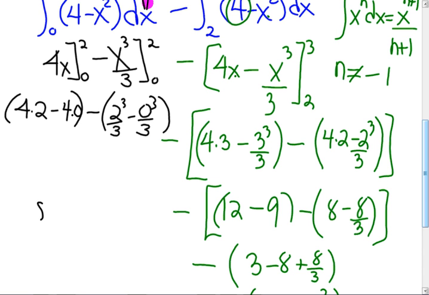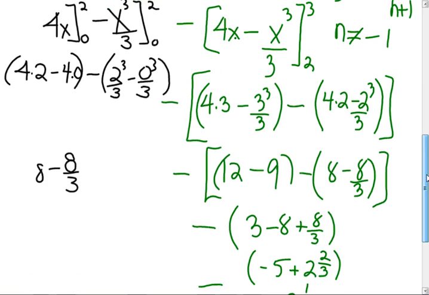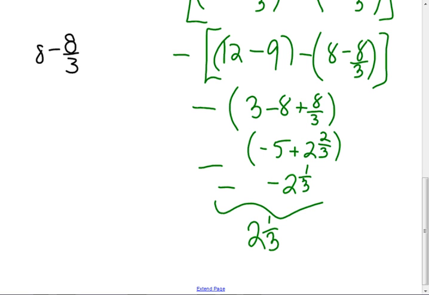Okay, so I get 8. What am I going to get here? Minus 8/3. Okay, I need denominators of 3. Do you want me to do it that way, or do you want to do a mixed number?